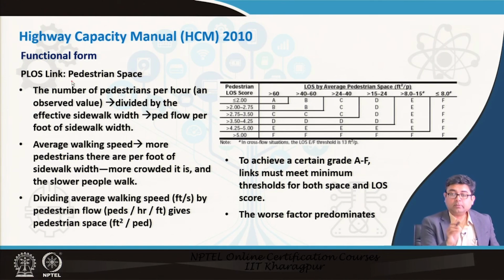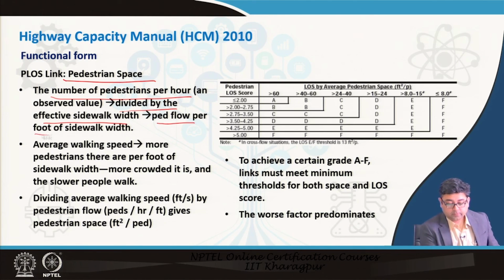Now, going back, you remember that for the link you have to have two different PLOS calculations. One is what we have just calculated, the other one is based on the pedestrian space. You already know how to calculate the pedestrian space. The number of pedestrians per hour divided by the effective sidewalk width gives you the pedestrian flow per foot of sidewalk width.